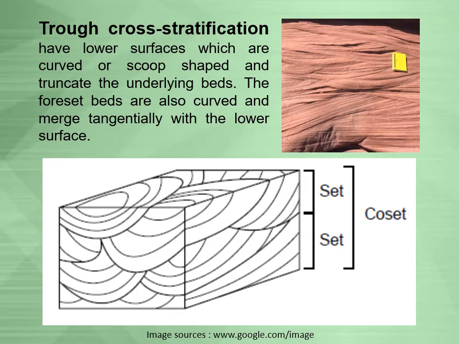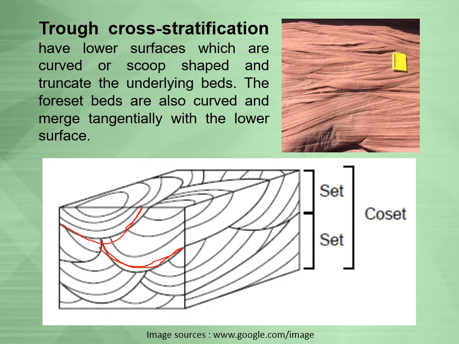Third type, that is where the bounding surfaces are not planar and parallel. Here you can see that the bounding surfaces are curved. So in this type, the bounding surfaces are not parallel and also not planar.